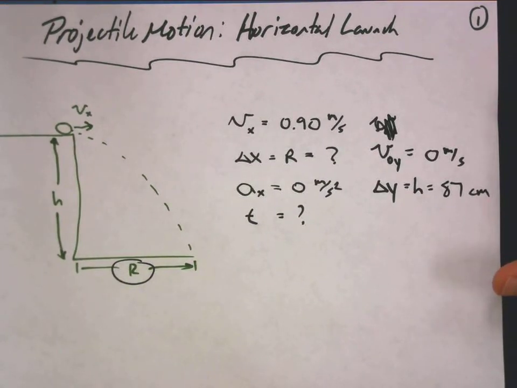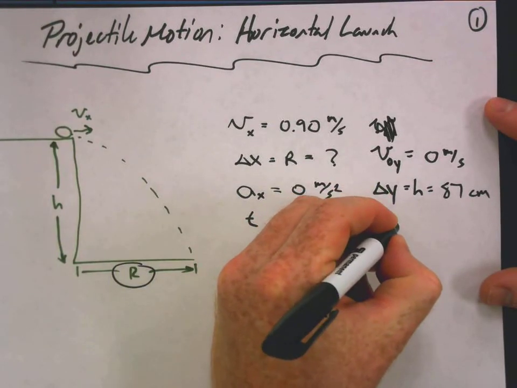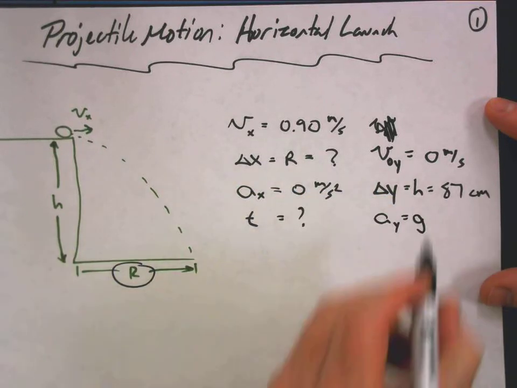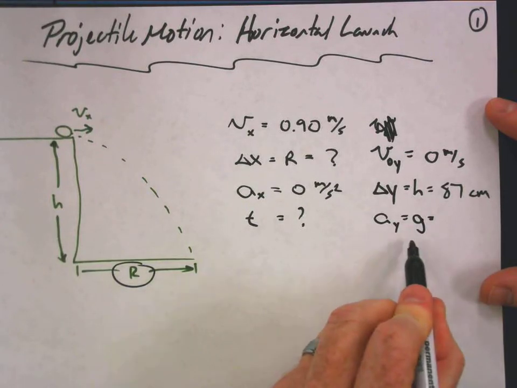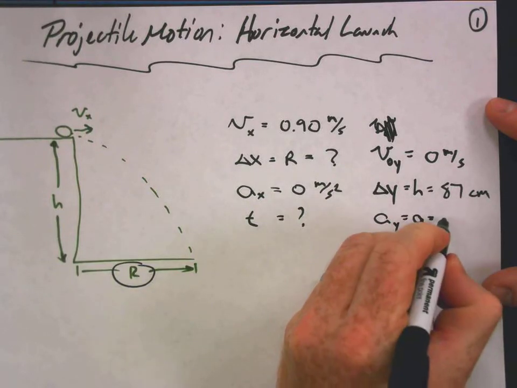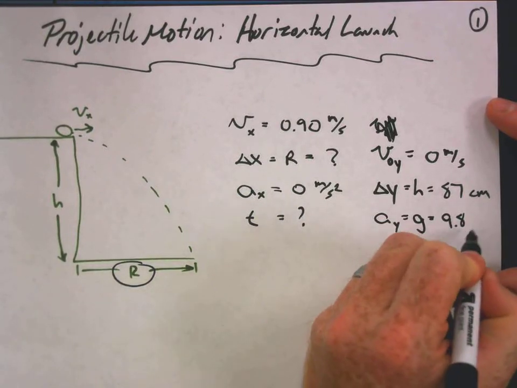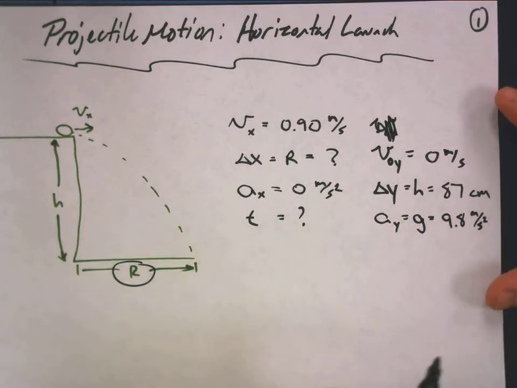And so now, is there more? Well, sure. Your acceleration vertically for projectiles is going to be little g. It's a constant, and it's always going to be that for your vertical acceleration. So we get 9.8. Now, I know your textbook likes to use 9.81, but I'm even going to let you know this little secret.